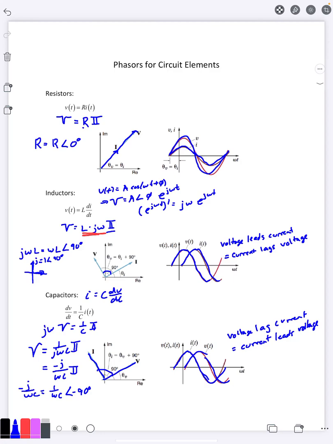And when you start combining, say, an RLC circuit, then one or the other may be ahead, and instead of by 90 degrees, maybe only 20 degrees or something else. So when you have a combination circuit, you can do analysis similar to this to see how far either the voltage or current is leading the other one. But at least for the basic elements, it's either 90 degrees ahead or 90 degrees behind.